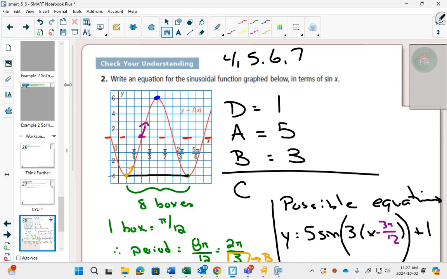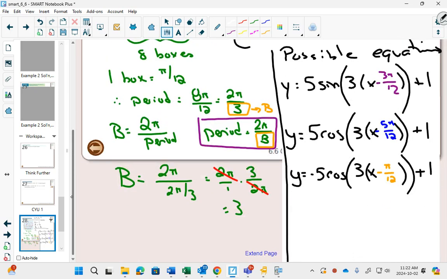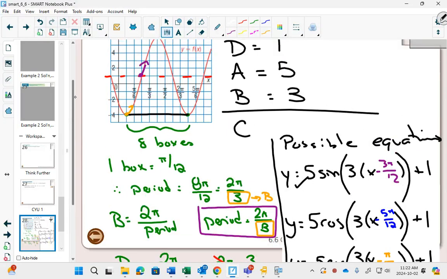This one said in terms of sine, so then this would be the one that you're looking for. Or you could do a negative sine one, or you could have chosen, here's another place in the middle going up. That's 1, 2, 3, 4, 5, 6, 7, 8, 9, 10, 11 boxes to the right. So you could have a minus 11 pi over 12, and that would also be right.